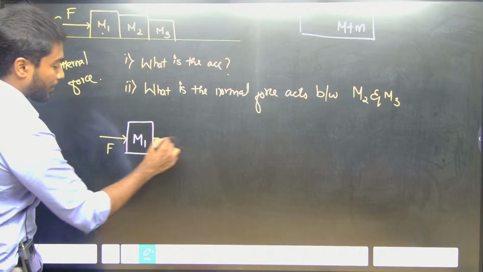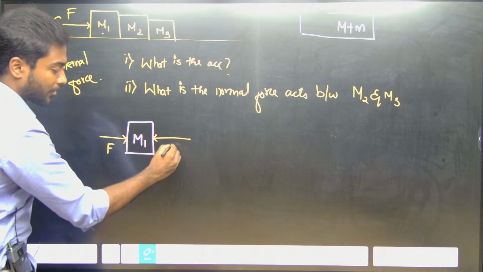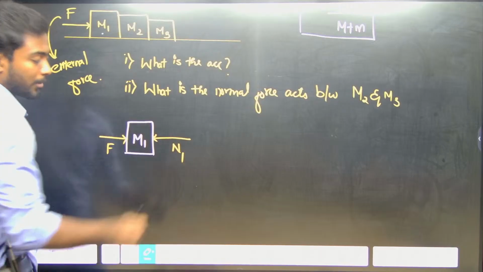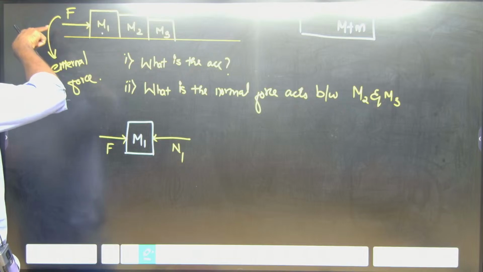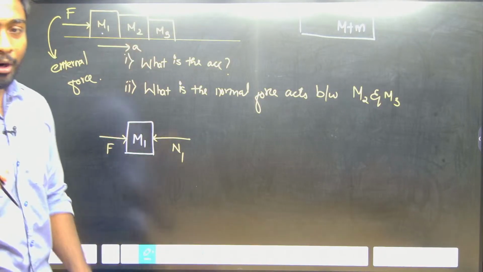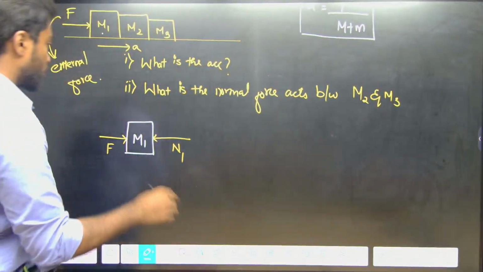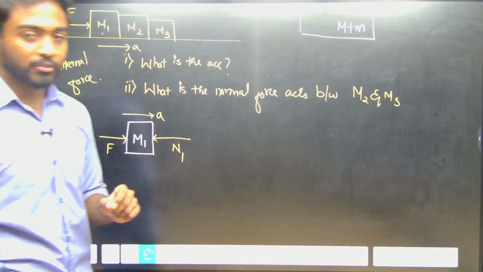So M2 will be acting, the normal force will be acting in this direction. Let me call this N1. Is there any other force? No. When a force is applied in this direction, acceleration will be in this direction. If they have not mentioned the acceleration, you should consider the acceleration direction based on the given external force.